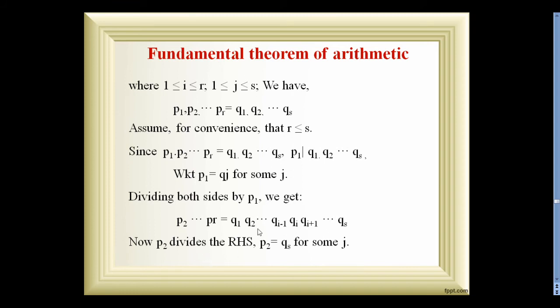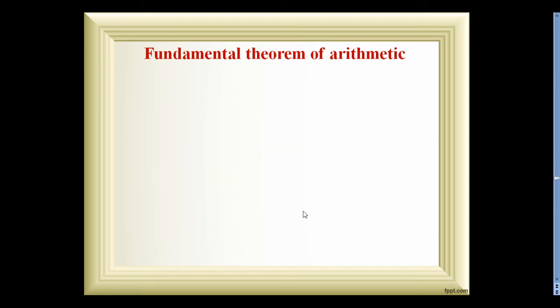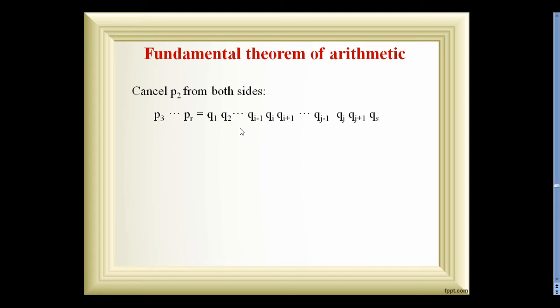Now again, dividing by p2 on both sides, p2 will be equal to some element qk present in the product of primes, and p2 will cancel on both sides. So p3 up to pr is the product of primes equivalent to the remaining q's.